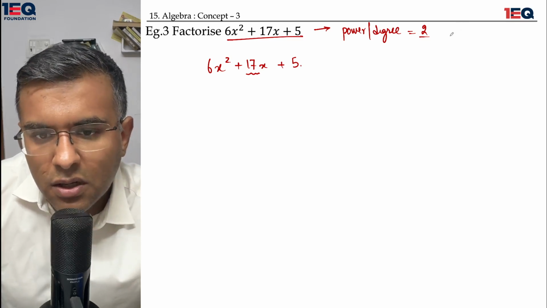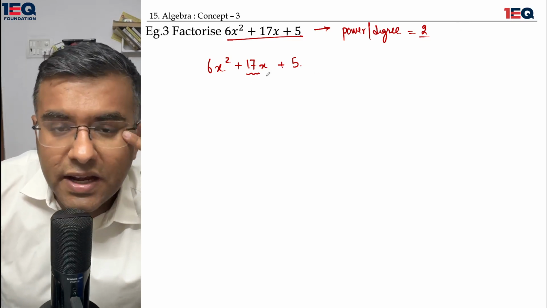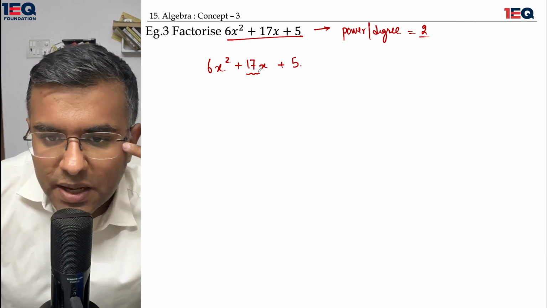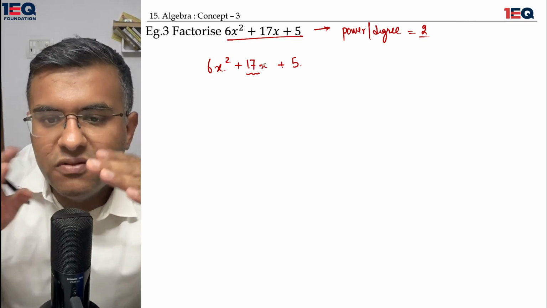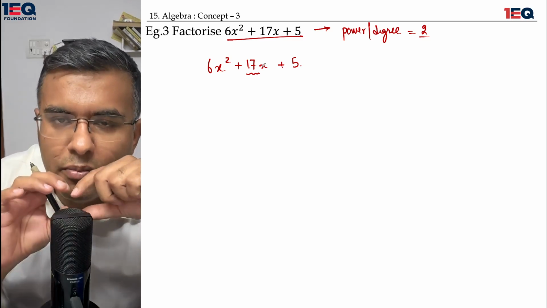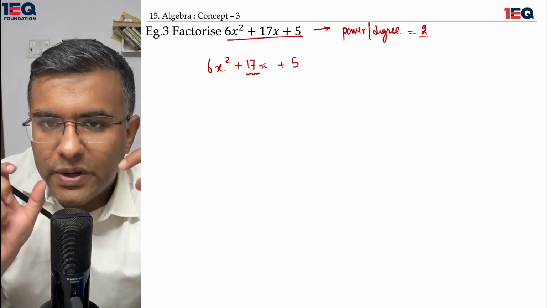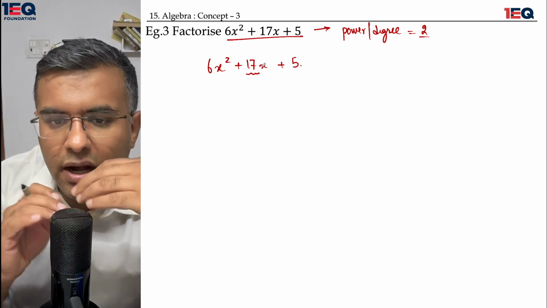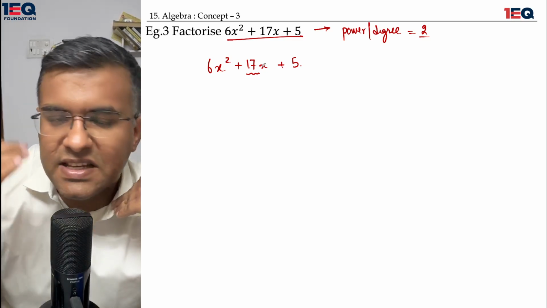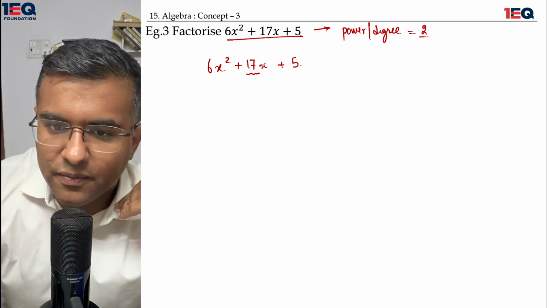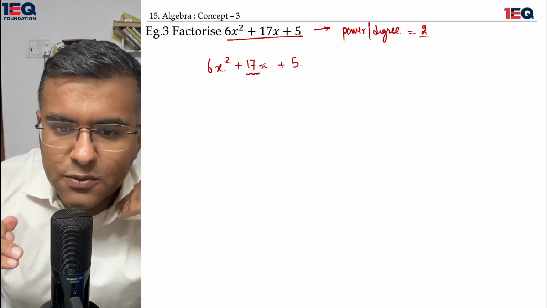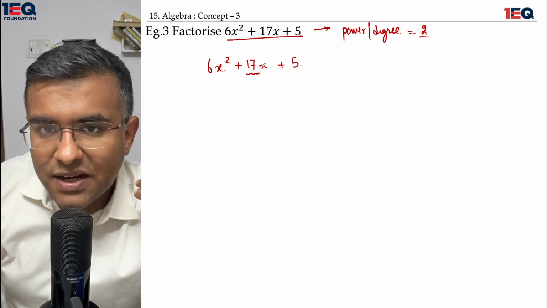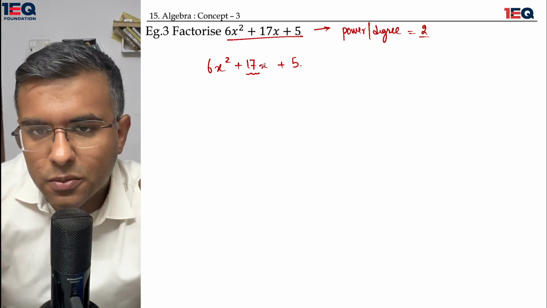So I need to split down 17 in such a manner that I'm able to factorize the polynomial and bring out two factors which multiply each other and create 6x square plus 17x plus 5. It needs to be created.